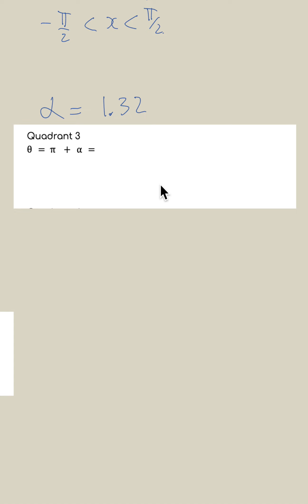The angle for quadrant 3 is pi plus alpha, where alpha is 1.32. So theta, which equals 3x, we press the calculator: 1.32 plus pi, you get 4.46.